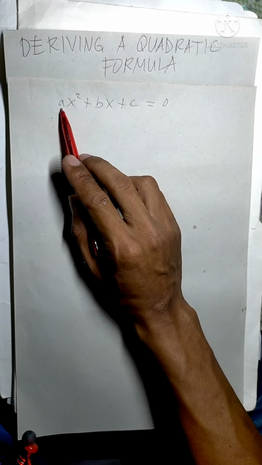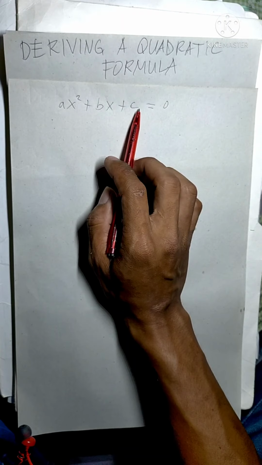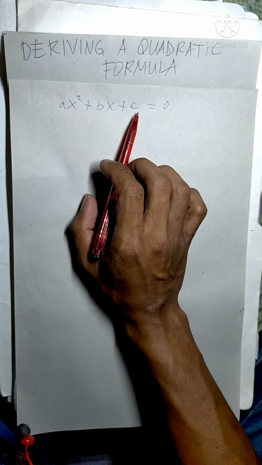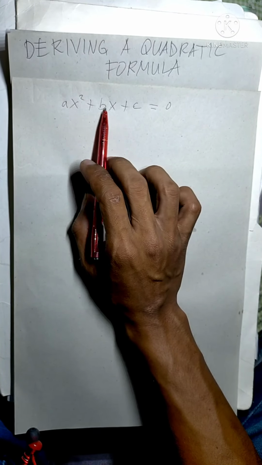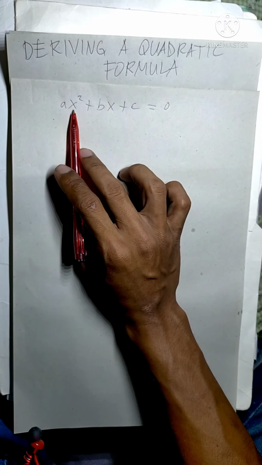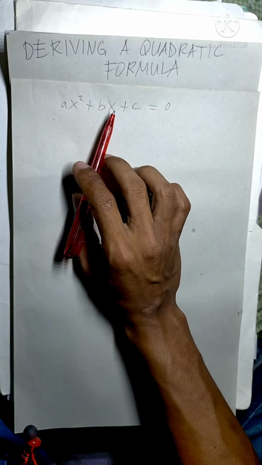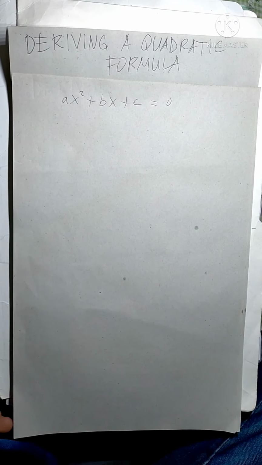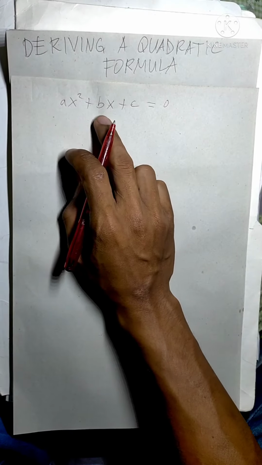So a, b, and c are the constants, and we have the variable x in the first term and in the second term. So we have the variable in two terms.